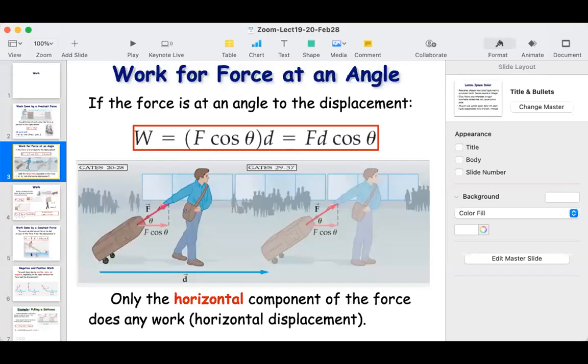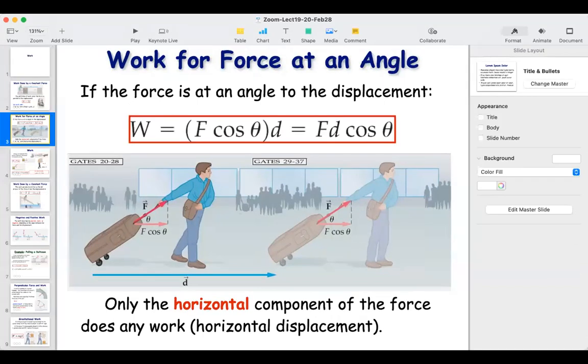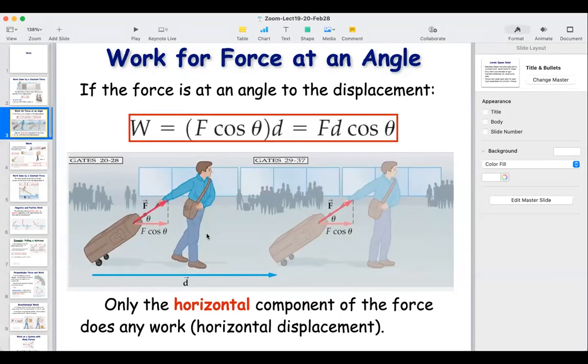I cannot see it actually, so I prefer to do it like that. Do you still see my slides well? I hope so, because like this I can use the pointer. Only the horizontal component of the force does any work. So we don't have any work in the y direction. Here it is only in the x direction.